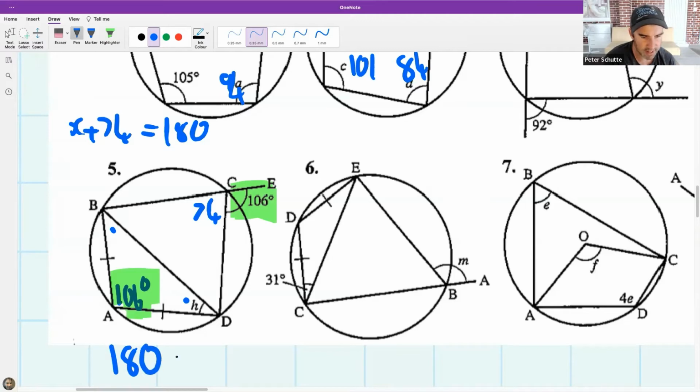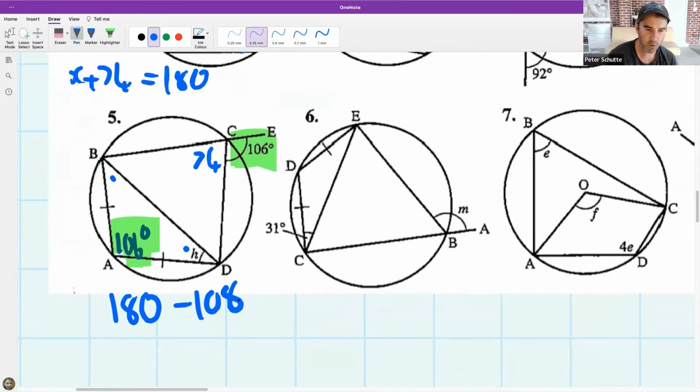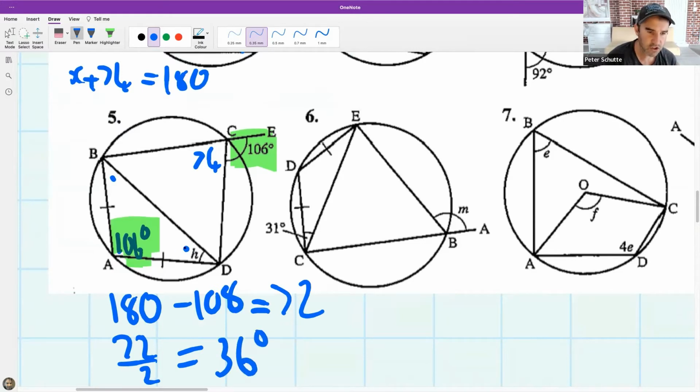So let's go 180 minus 108. And then let's say what's left over. I get 2 to get to 110. I get 72. But those 72 need to be split equally between the two angles. And so H should be 36 degrees. And that one over there will also be 36.